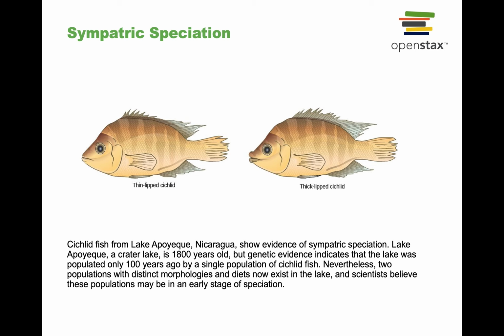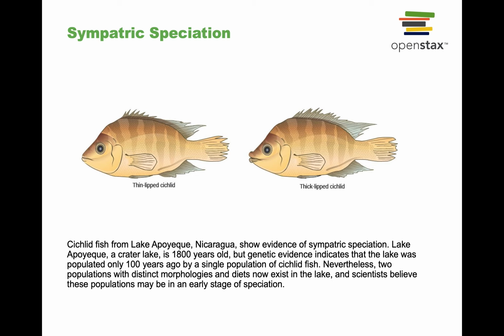Another example of sympatric speciation are these fish that have been observed in a lake in Nicaragua, and the genetic evidence shows that these two types of fish basically arose from the same fish, but then over time they ended up diverging because the different groups of fish ended up living in different parts of the lake.